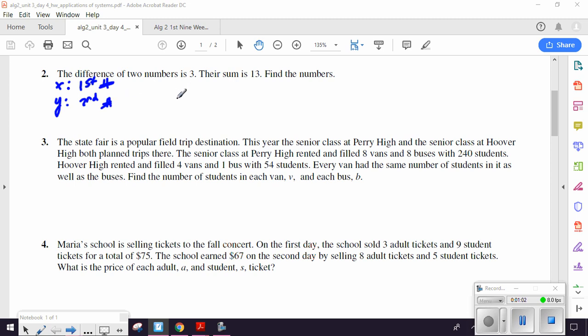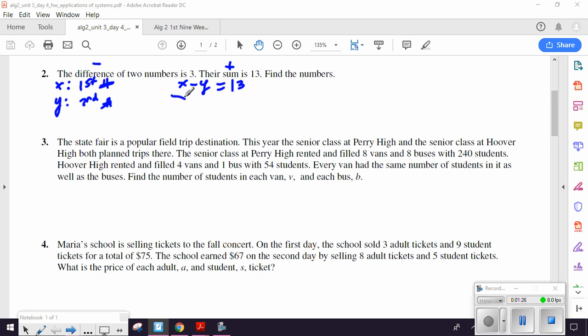You must establish your variables in the beginning. You have to tell me what the variables are and what they represent, and then write your system. So the difference usually means subtraction. So x minus y is equal to 3. Sum means addition.